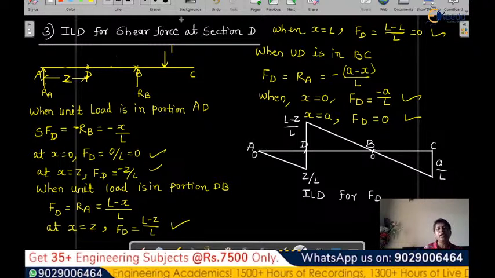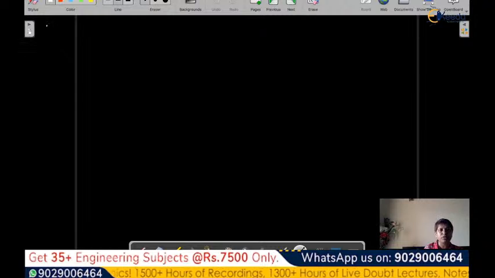Now let's see the influence line diagram for moment at D. That is the fourth thing to calculate.